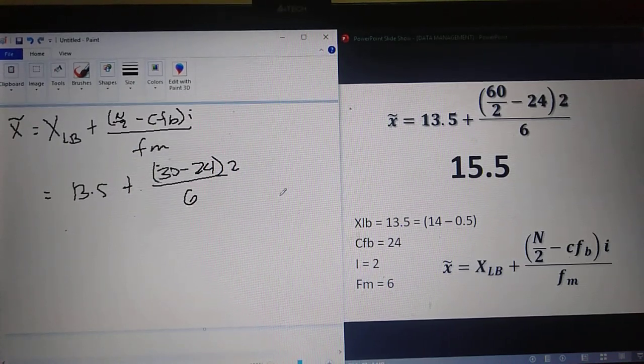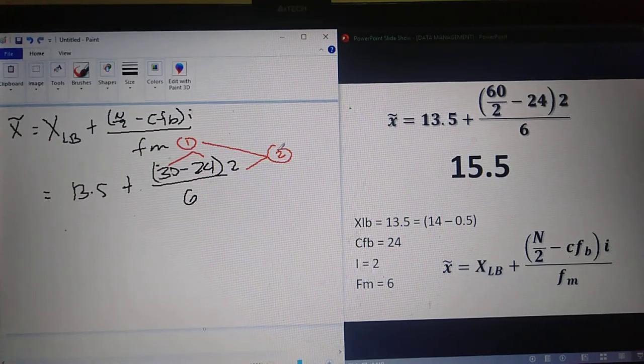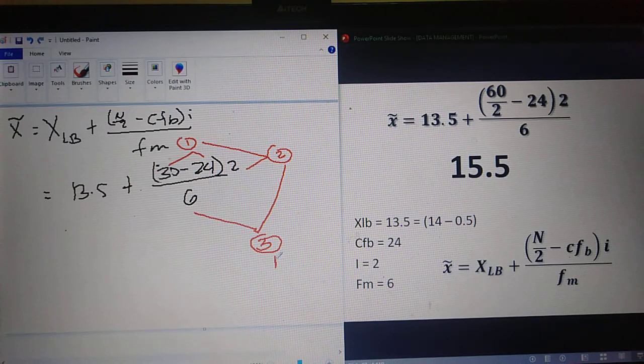So, paano? First, we will subtract 30 and 24. So, 30 minus 24 is 6. First step to. And then, the answer of this one, i-multiply mo dito. That is step 2. And then, yung answer dyan, i-divide mo dito. That's step 3 na yan. And then, the answer of this one, i-add mo dito. That is step 4.